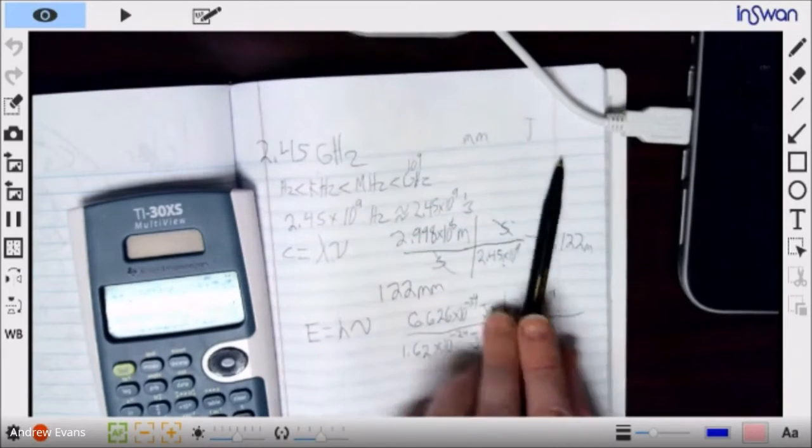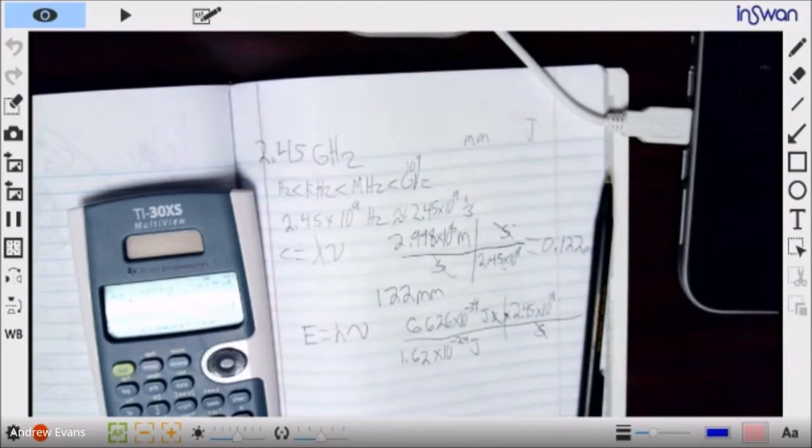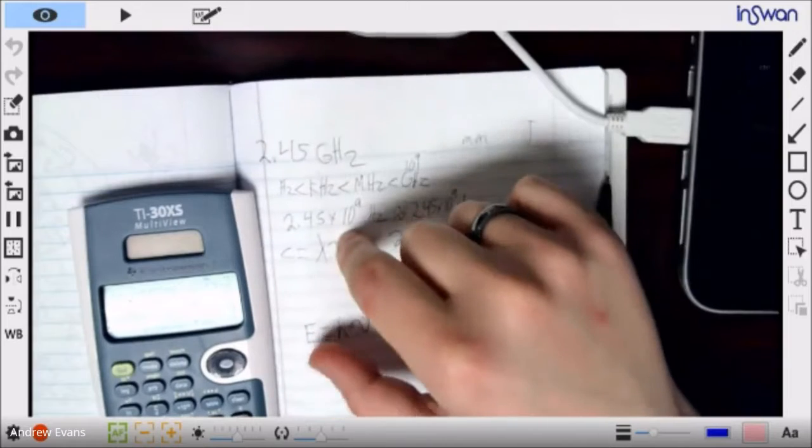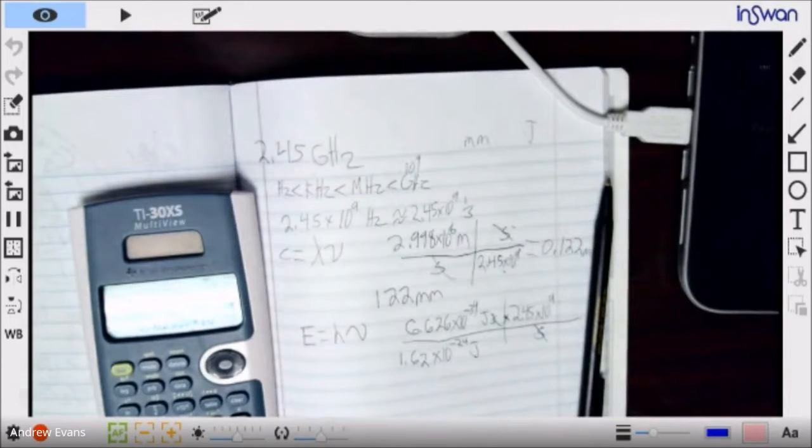So don't trip up. You might have to go from wavelength to frequency and frequency to energy, but that's just a two-step problem. The hardest part here is making sure you're in the right unit. Make sure if you have nanometers, you convert to meters. If you have megahertz or kilohertz, you convert it to hertz, which is an inverse second.